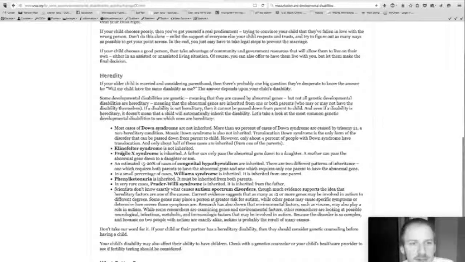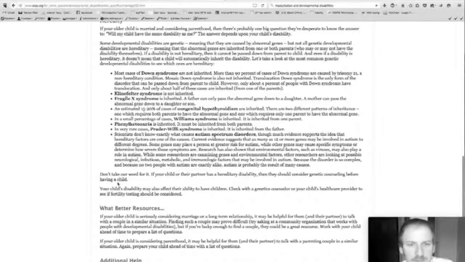Fragile X, Klinefelter syndrome, congenital hypothyroidism, Williams syndrome, Prader-Willi, autism. Scientists don't know exactly what causes autism spectrum disorder, though much evidence supports the idea that hereditary factors are one of the causes.